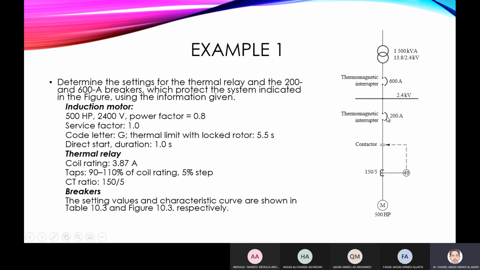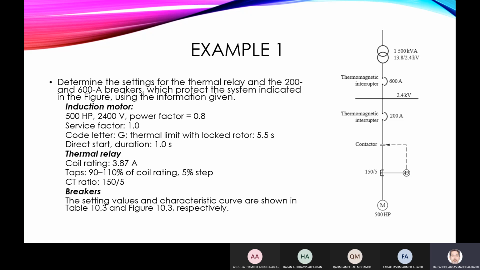As I mentioned, for those less than 1000, we can normally use either a fuse for short circuit protection, or a breaker which has a magnetic element to provide short circuit protection. For the overload, protection is normally provided by thermal elements. So these are the basics: short circuit protection and thermal overload.